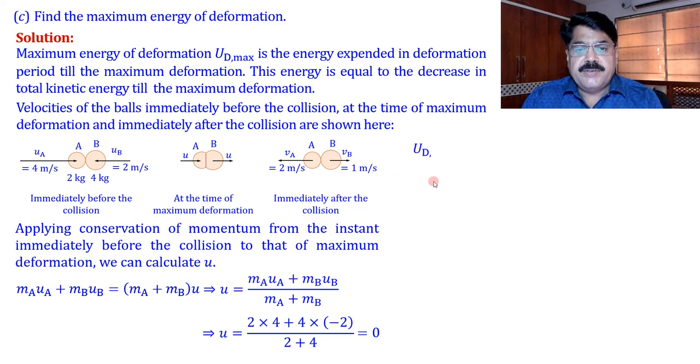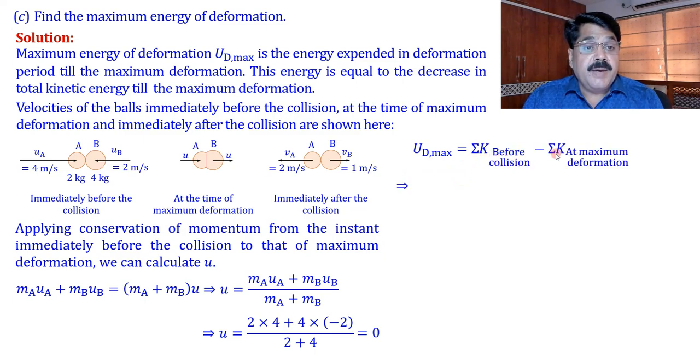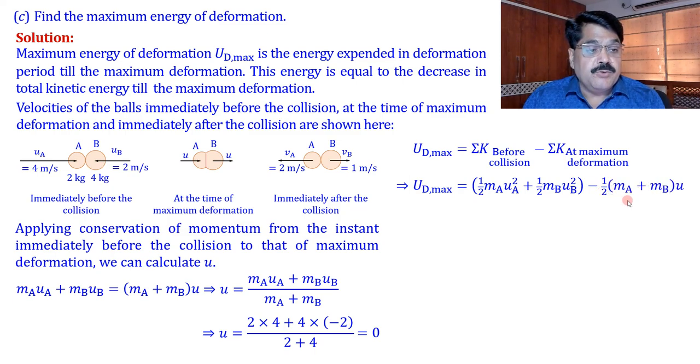Now we can find UD max. It is the summation of K before collision minus the summation of K at maximum deformation. So that is half MA UA square plus half MB UB square minus half MA plus MB into U square.